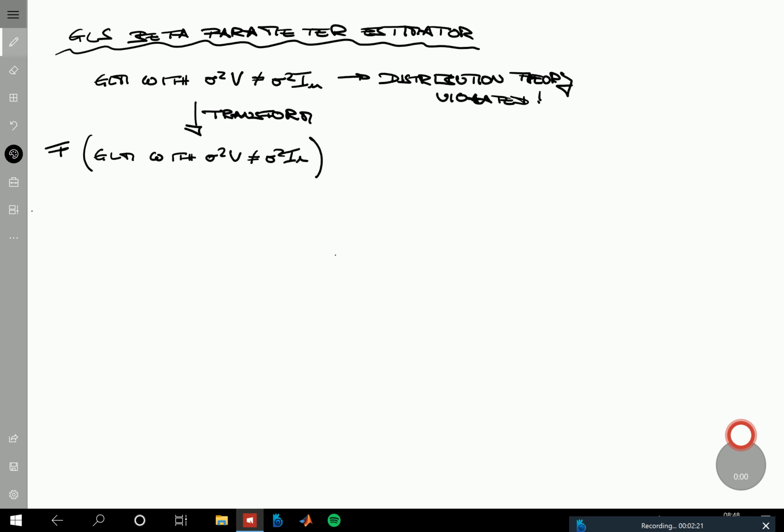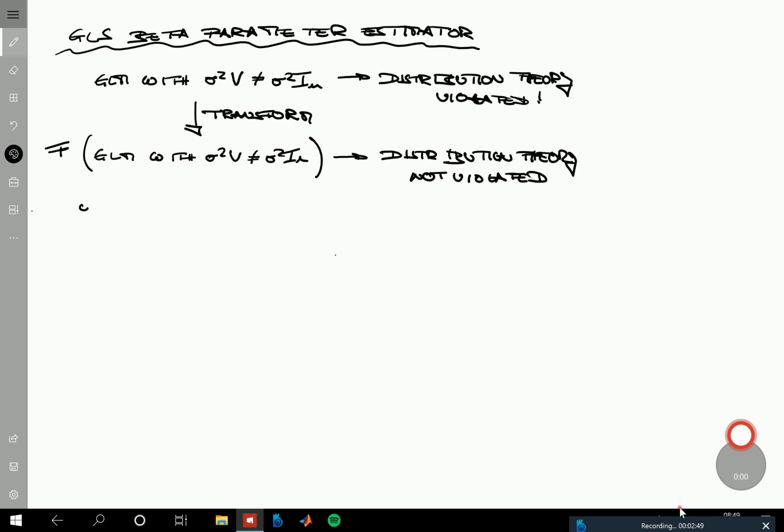So we apply some form of transform to this, such that the distribution theory is no longer violated. So that's the general idea of generalized least squares. And to make this more specific, let's have a look at the details.